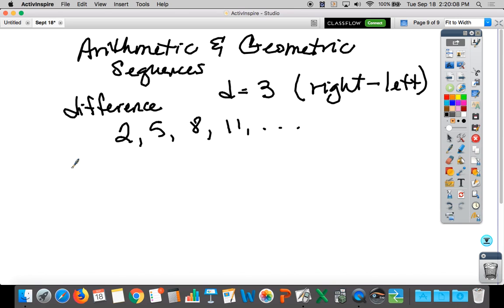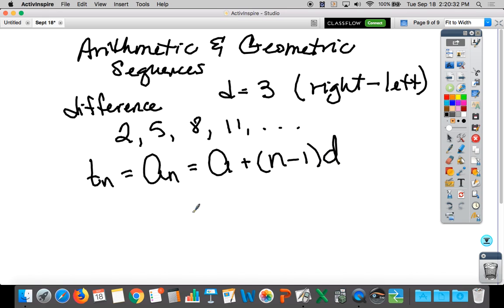Now, the formula for this: if you'll look, you don't see a T sub n on your formula sheet. They use T sub n here. Our formula sheet uses A sub n. It's the same thing. So this is for which term? An arithmetic term. The formula is A plus (n minus 1) d. Pretty much, you're not going to see T sub n except on this worksheet.